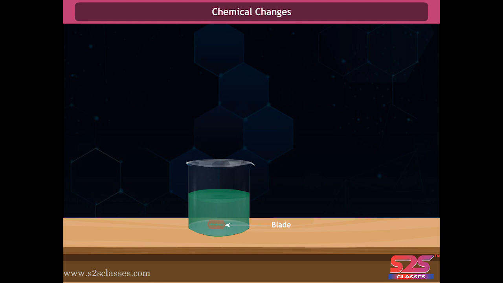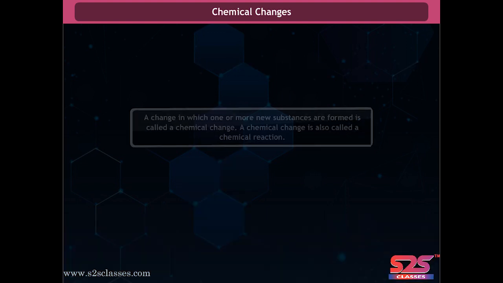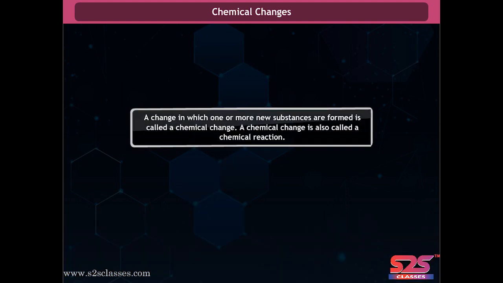We can write the reaction as copper sulfate solution (blue) plus iron gives iron sulfate solution (green) plus copper (brown deposit). A change in which one or more new substances are formed is called a chemical change. A chemical change is also called a chemical reaction.